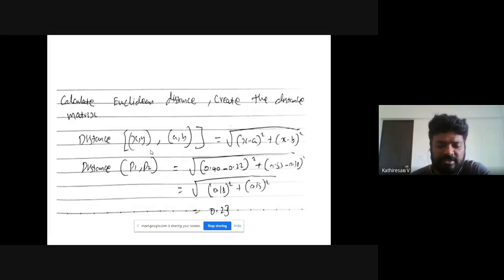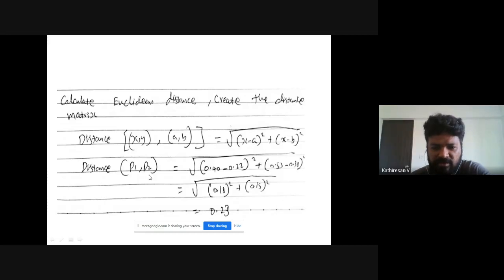For that distance matrix we have to use the Euclidean distance formula. I hope you know about the Euclidean distance formula. This is the Euclidean distance formula which we are having: the square root of (x minus a) whole square plus (y minus b) whole square.